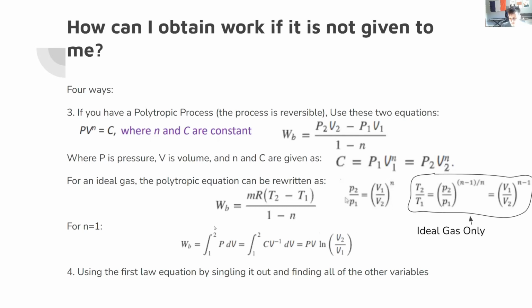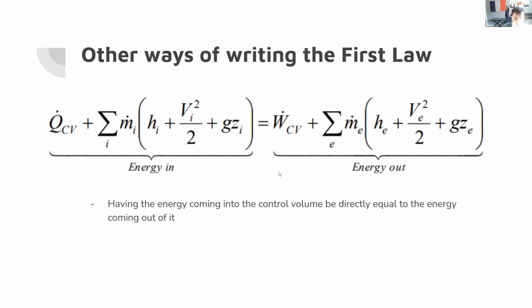The last method that they could ask you to find work is using the first law equation. So I don't know, you may have to calculate the mass flow rate. They give you mass and they give you time, so you just divide mass by time. They give you pressure and temperature, and with that, with the property tables, you can find specific enthalpy. They give you the velocity, they give you the height.